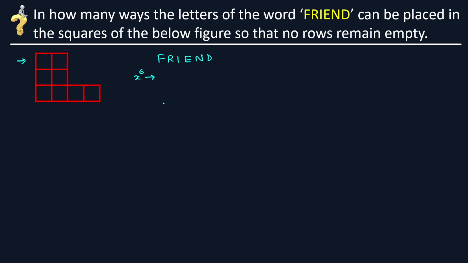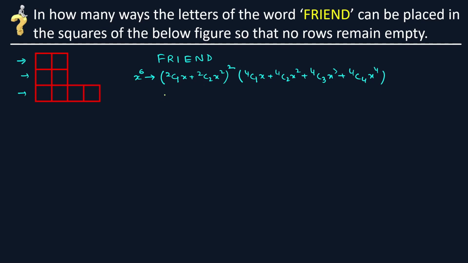If we consider the first row, what will happen? It will be 2c1x, 2c2x square. Same for the second row, so whole square. And for the third row, it will be 4c1x, 4c2x square, 4c3x cube, and 4c4x to the power 4, right?